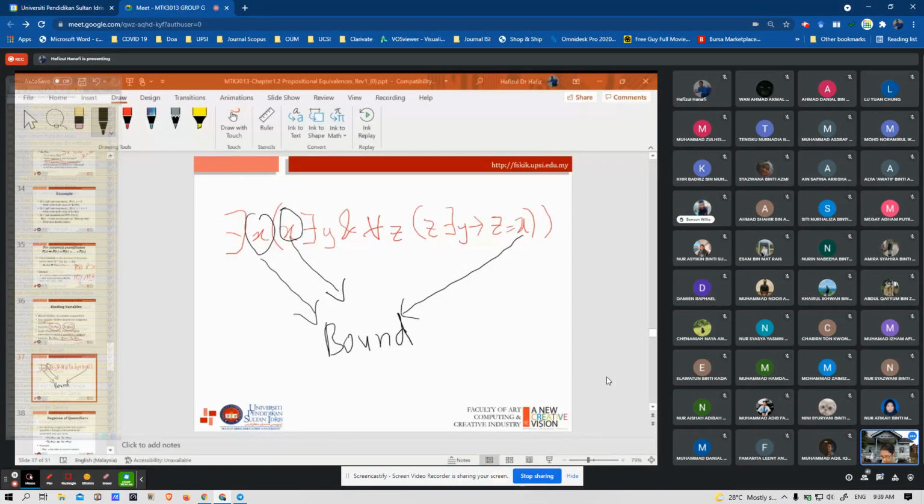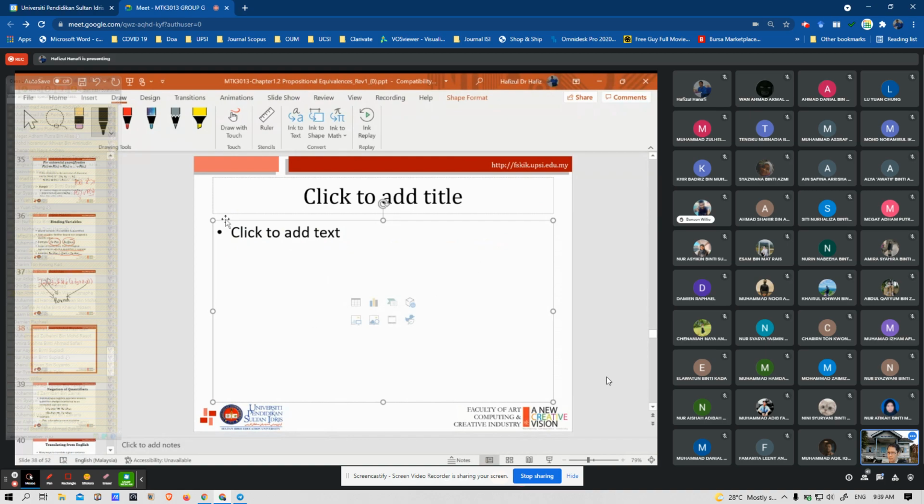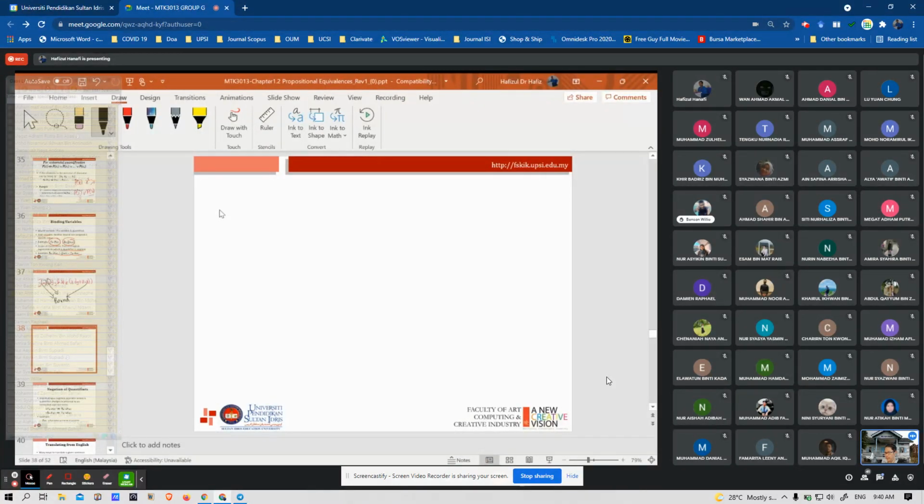For example two, we have existential x and negation y. Here y is bounded.